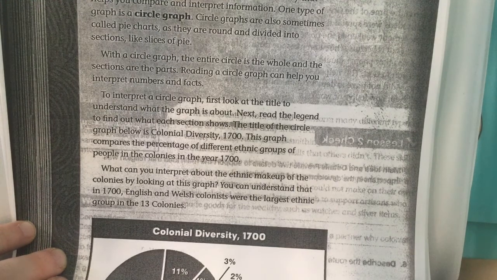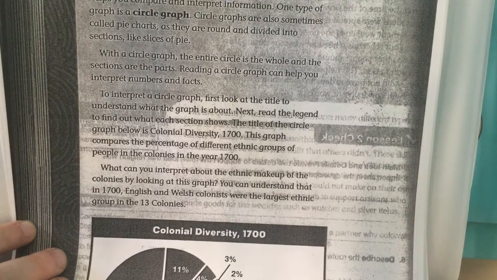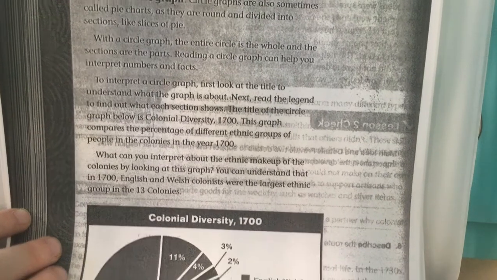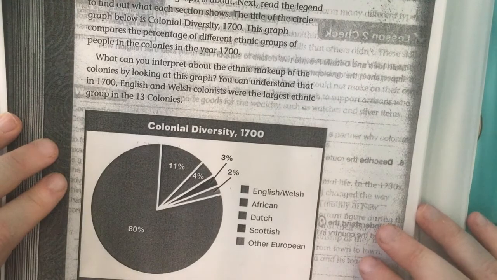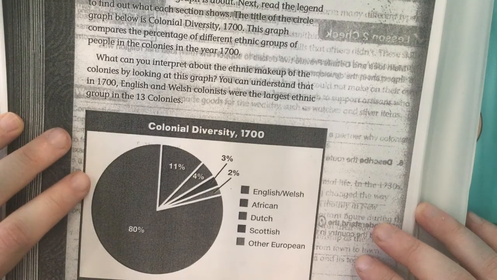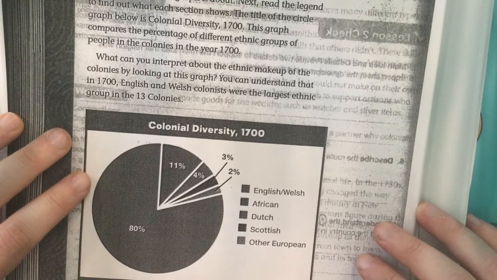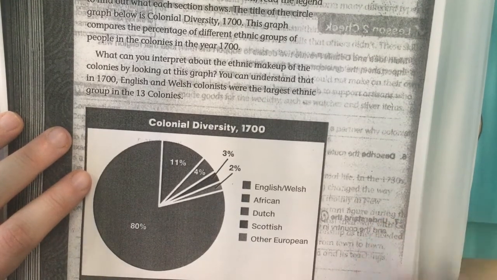This graph compared the percentage of different ethnic groups of people in the colonies in the year 1700. Now, what can you interpret about the ethnic makeup of the colonies by looking at the graph? You can understand that in the 1700s, English and Welsh colonists were the largest ethnic group in the 13 colonies.